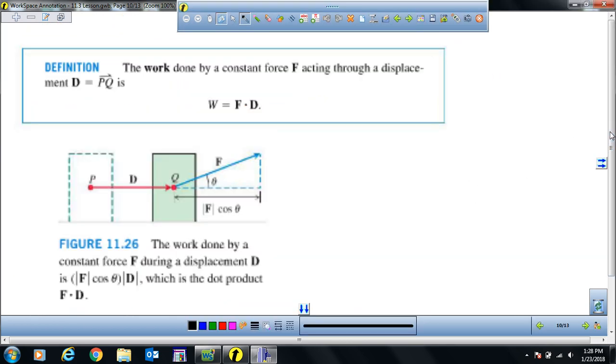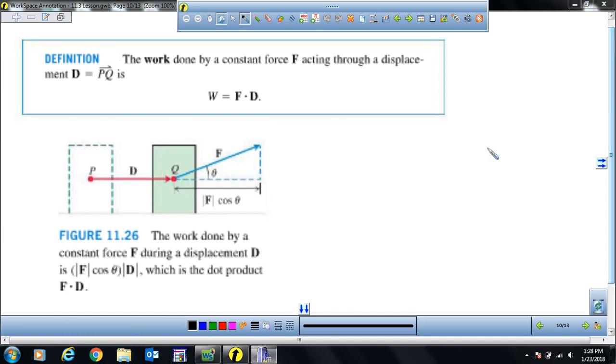Okay. Now this is one of the applications of vectors also, finding work. If you remember from physics, the formula for work is force times distance. In this case, it's basically going to be the same thing, but dealing with vectors, we're going to call it the dot product of the force and the displacement, or the distance.